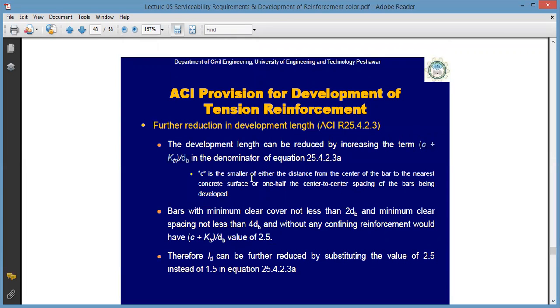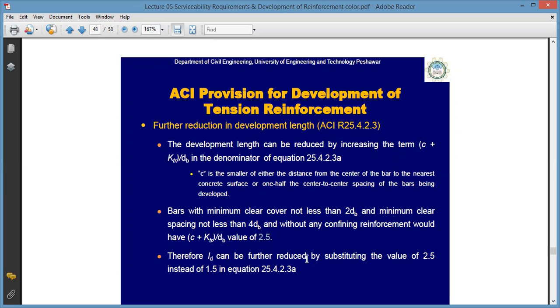Here c is the measure of either the distance from the center of the bar to the nearest concrete surface, or 1/2 of the center to center spacing of the bars being developed. A bar with minimum clear cover not less than 2db, and minimum clear spacing not less than 4db, and without confining reinforcement should have a value of 2.5.